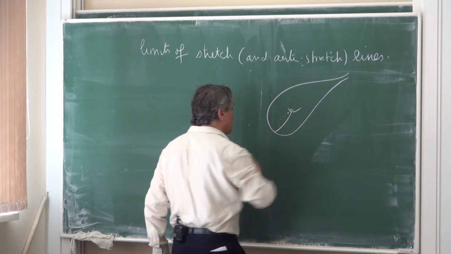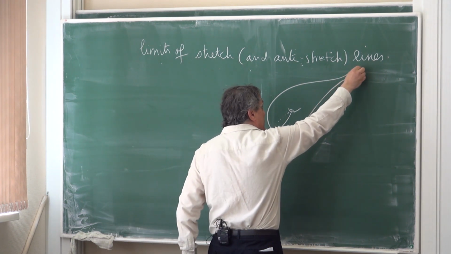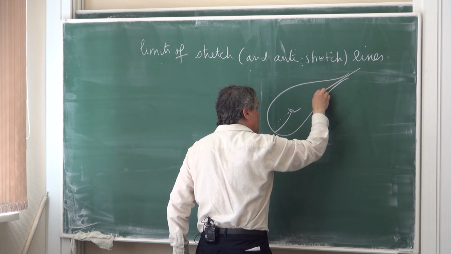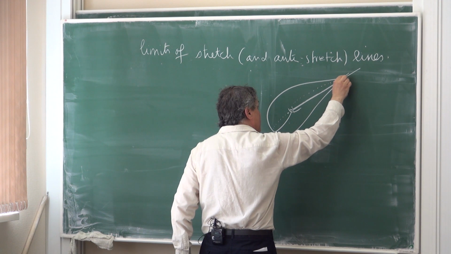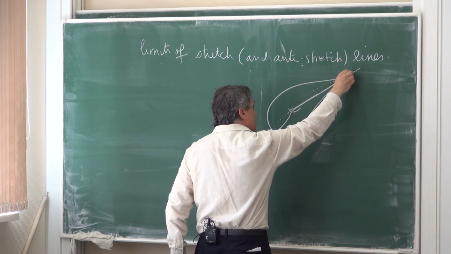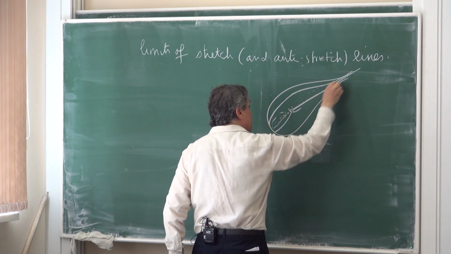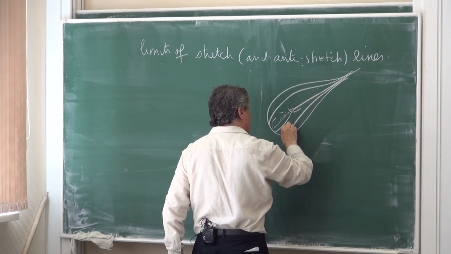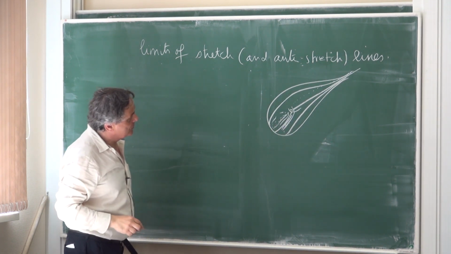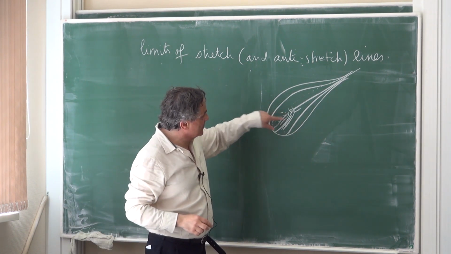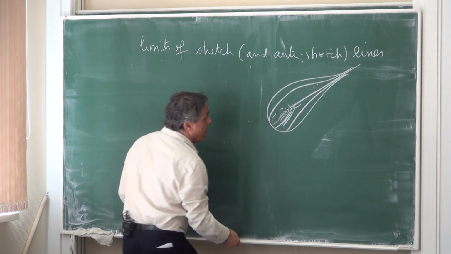I take a closed geodesic, and an ideal triangulation where the leaves spiral along this closed geodesic. I mean, this leaf does not spiral, but these two leaves spiral along this closed geodesic.